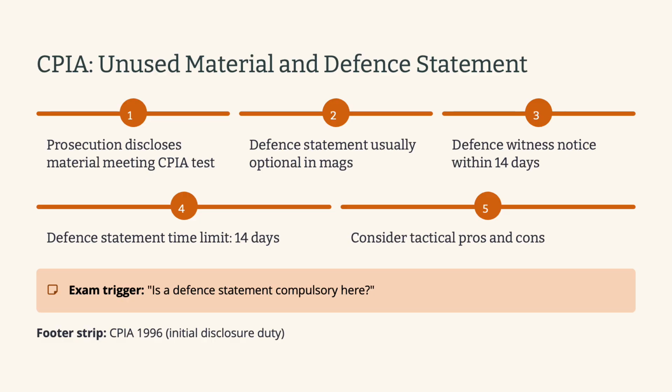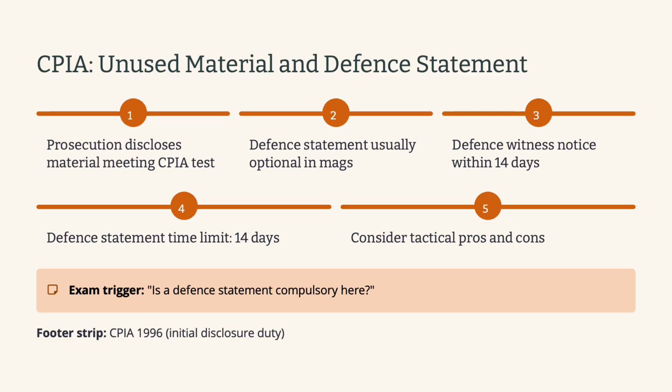Second, in magistrates' court cases, serving a defense statement is usually optional, unlike in the Crown Court where it is mandatory. The defense can choose whether to serve one or not.